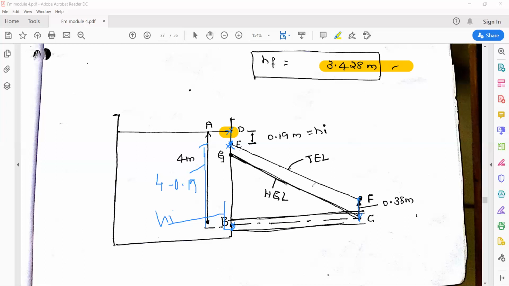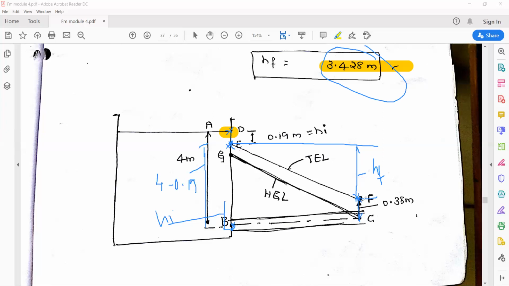At what height you need to mark? So from E, you can measure the value of HF. Before that, you need to calculate the value of HF. Already you have calculated that, it is 3.428 meter. From E, you can measure the height of 3.428 meter and you can mark point F straight to the end of the pipe.